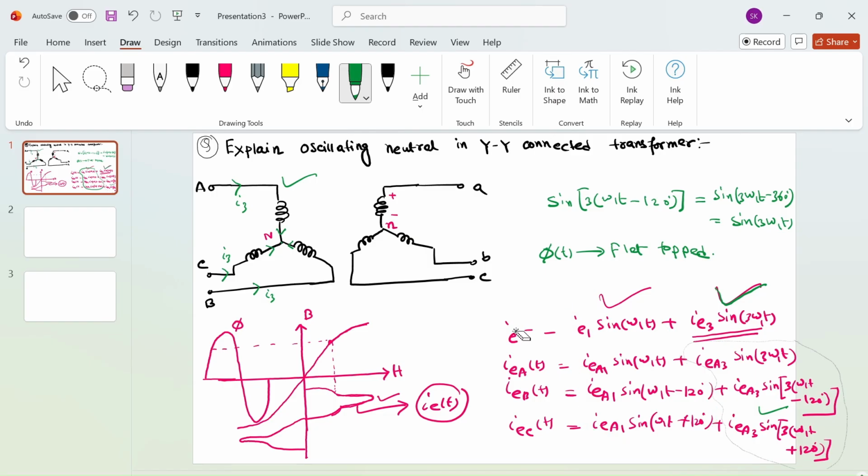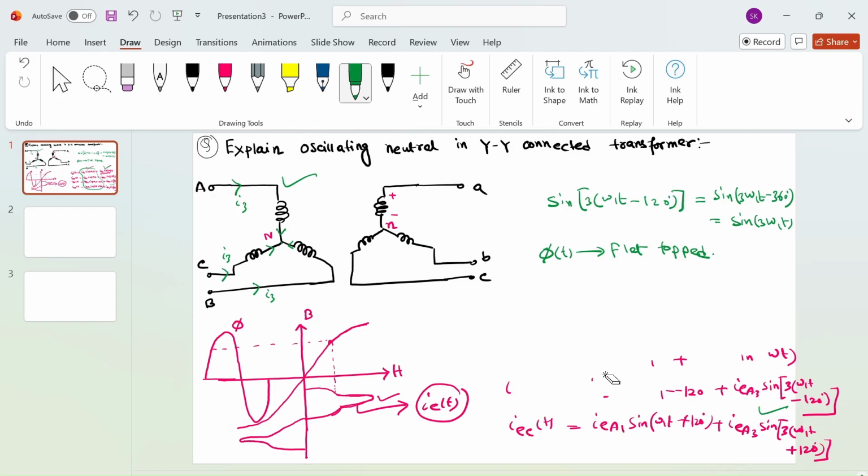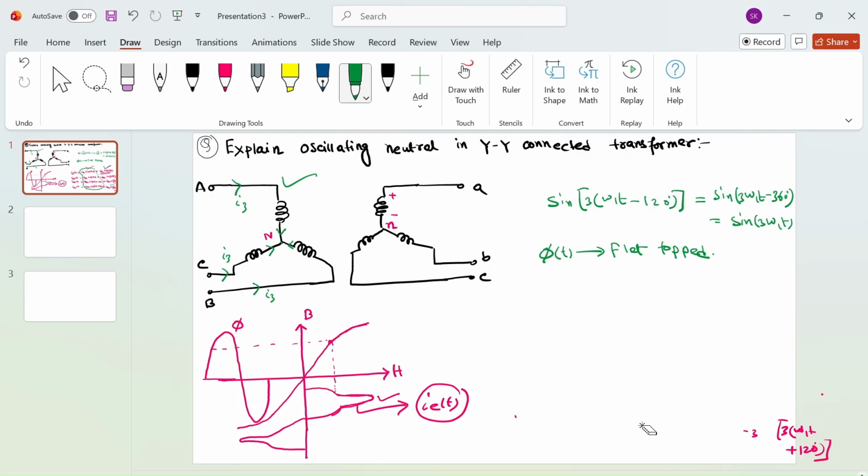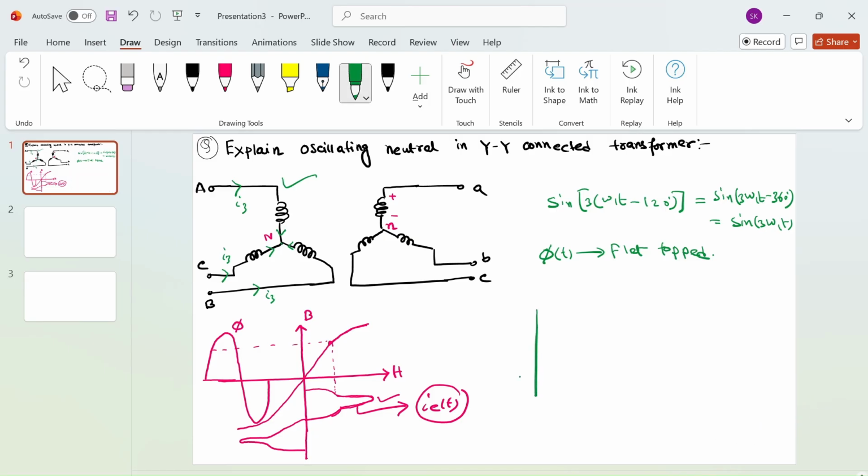Now let's explain how the flat topped flux will behave. The flat topped flux looks like this, it will be flat. Let's say it is for only phase A, phi A of t, and this is my omega t.